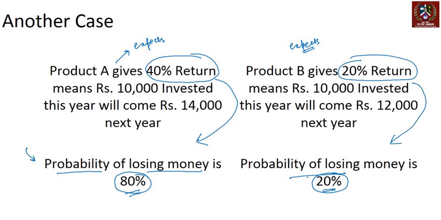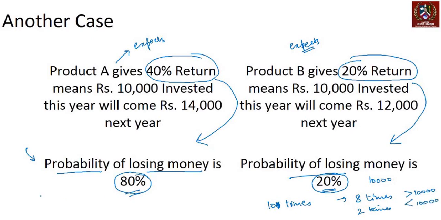So if I put in 10,000, I will get 12,000, which is lesser, but I will not get less than 10,000. So what does this mean? If I invest 10 times, then 8 times I will get more than 10,000. 2 times I will get less than 10,000.